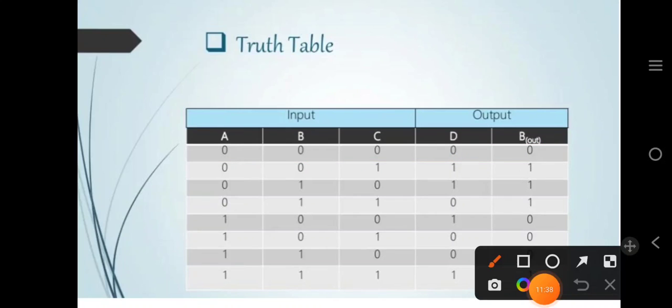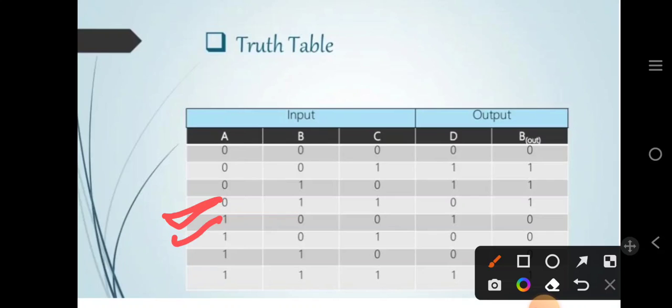Similarly, if the inputs are 0, 0, 1, then the output will be 1, 1. If the inputs are 0, 1, 0, then the outputs will be difference 1 and borrow 1. If the inputs are 0, 1, 1, then the difference will be 0 and borrow will be 1. If the inputs are 1, 0, 0, then the difference will be 1 and the borrow will be 0.